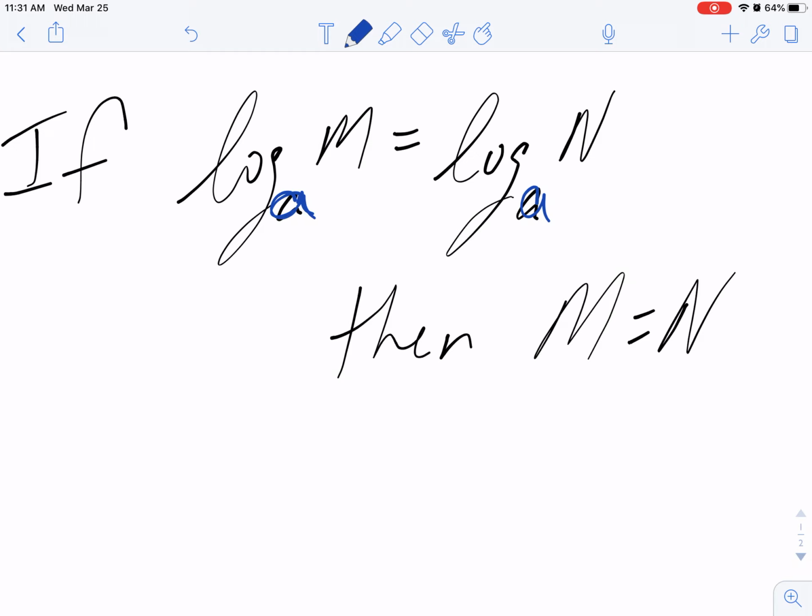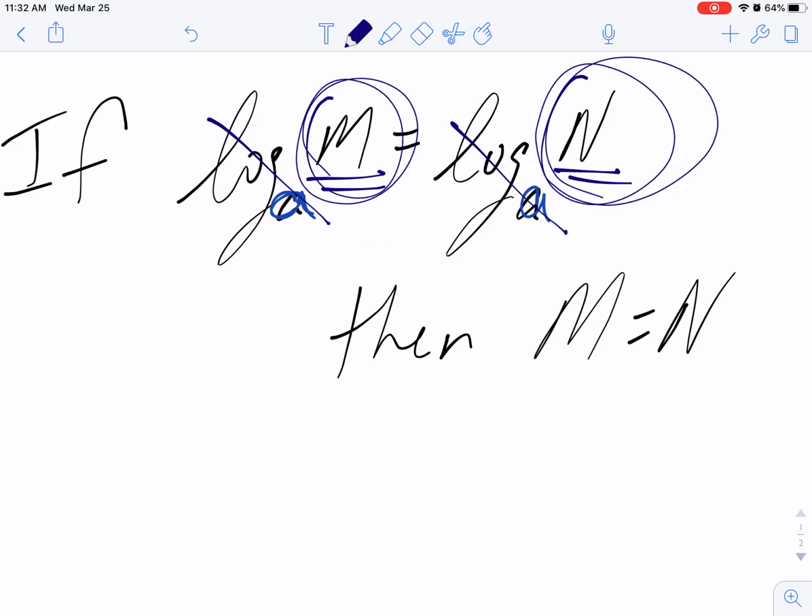Again, the rationale is if you have a log of something, in this case an m, equal to the same log of something else, in this case an n, then those two things after the logs also have to be equal.